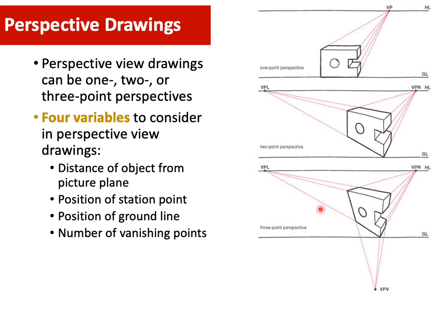This shows you three-point perspective. There are four variables to consider in perspective view drawings. One is the distance of an object from the picture plane, then the position of the station point, the position of the ground line, and the fourth is the number of vanishing points.